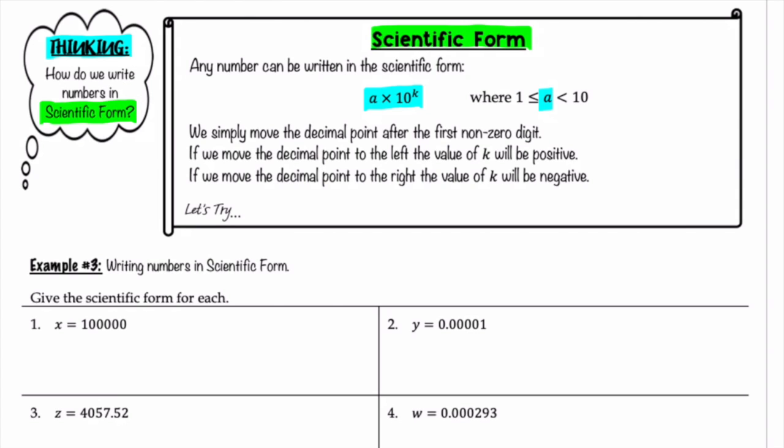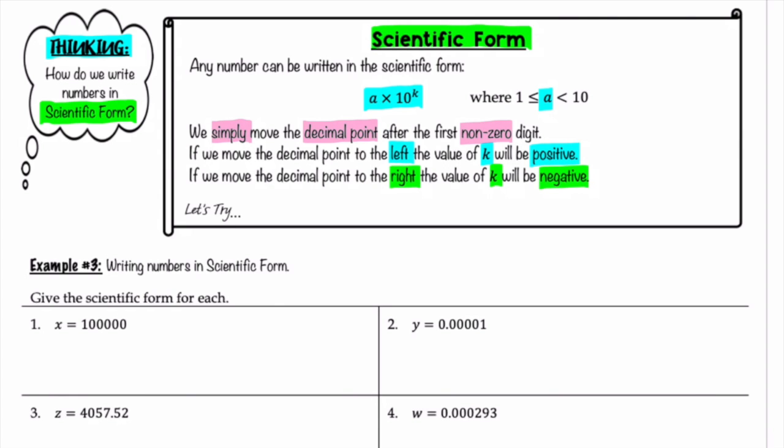So how do we do this? We simply move the decimal point after the first non-zero digit. If we move the decimal point to the left, the value of k is positive. If we move the decimal point to the right, the value of k would be negative.